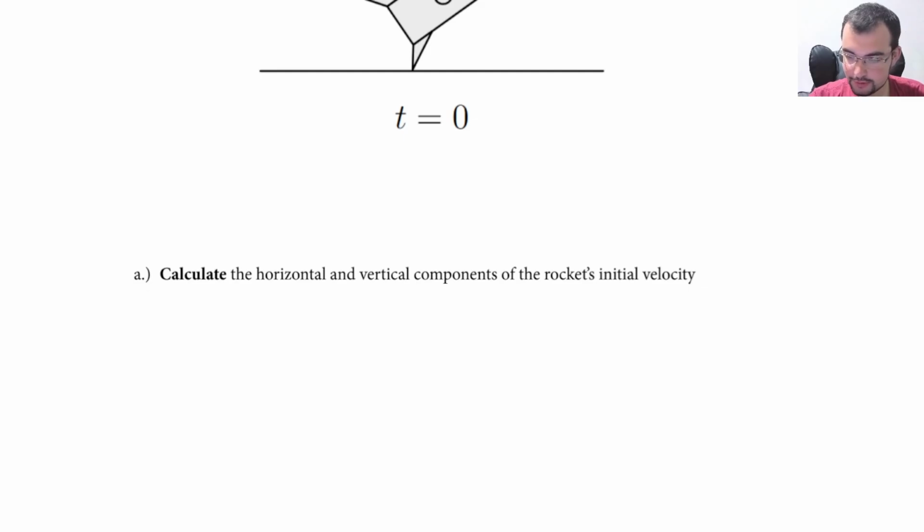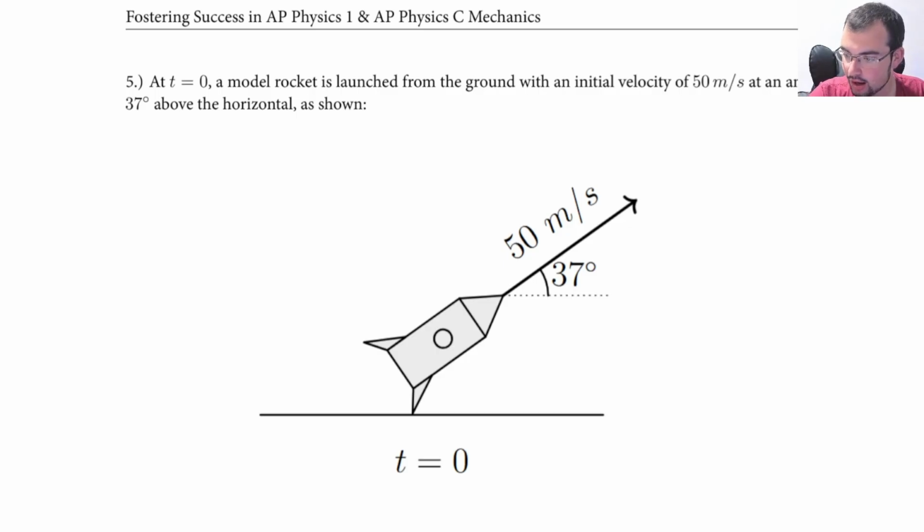So we want to first calculate the vertical and horizontal components of the initial velocity. We could call it Vx0, but it's just Vx because the x velocity doesn't change, and then the y velocity will. Remember, multiplying by cosine theta gives the component that touches the angle.